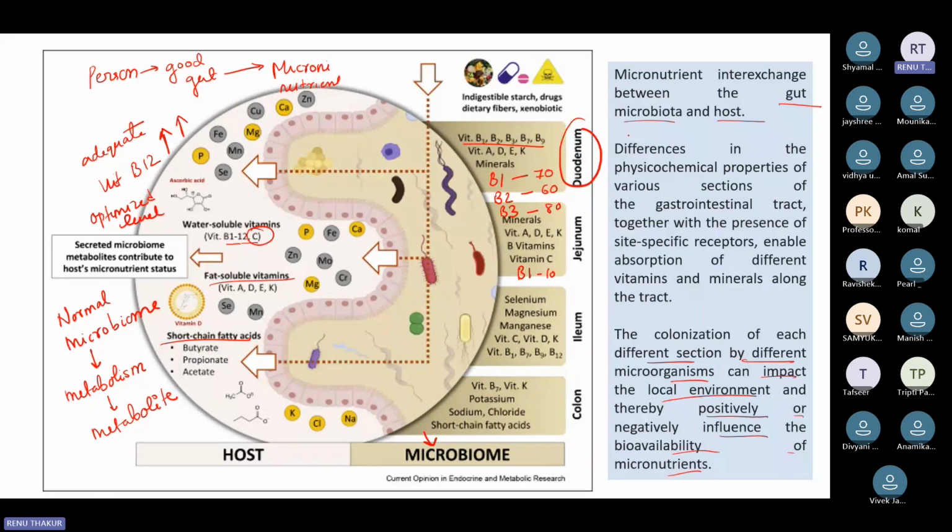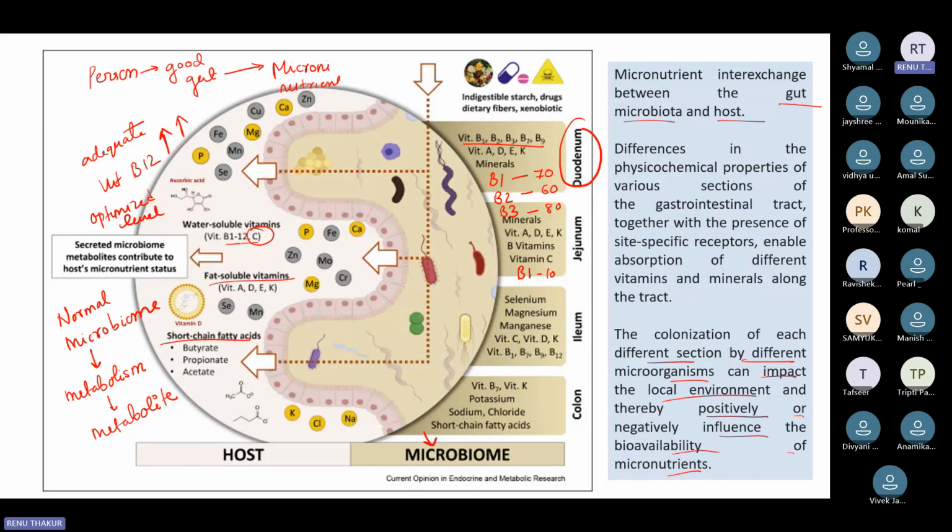If any imbalance or dysbiosis occurs, it may lead to a metabolic disease. When I say a normal person, I am talking about good gut health, a person with very good health. Good gut health means a very healthy microbiota is there, and all the microbial groups and the microbial diversity are within proper limits.